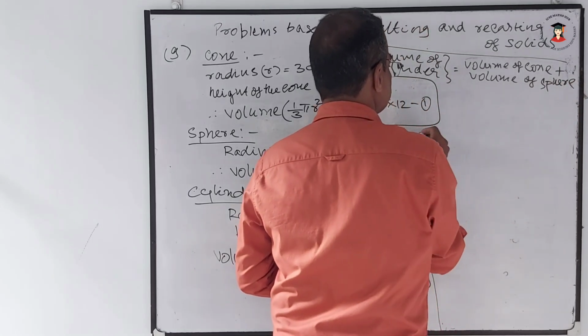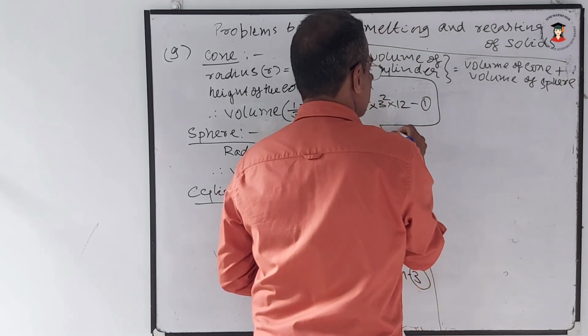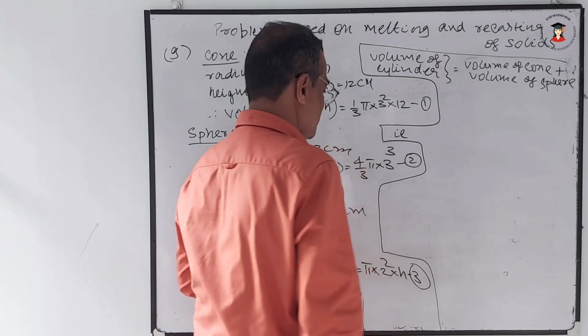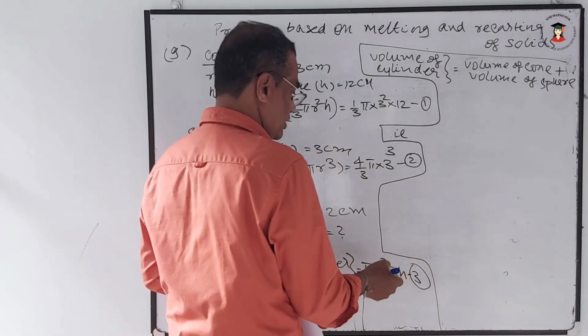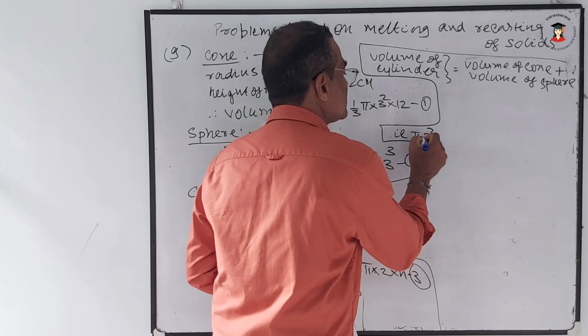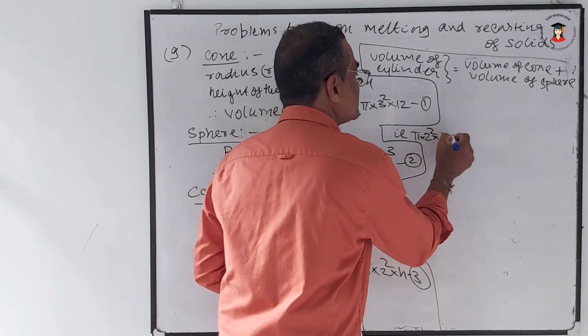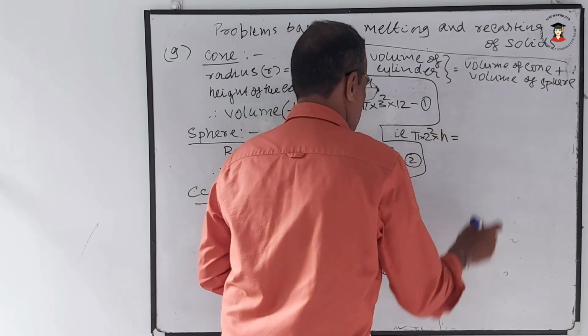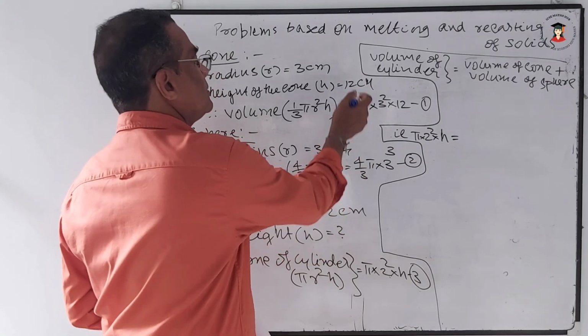That is, volume of cylinder is pi r square, pi 2 square into h, that is equal to these two.